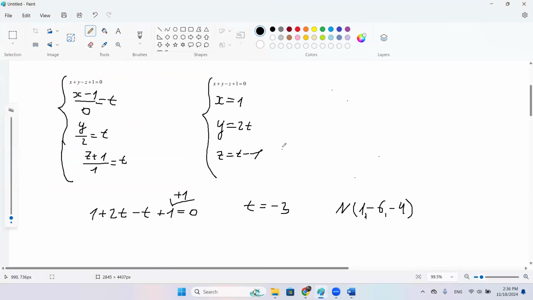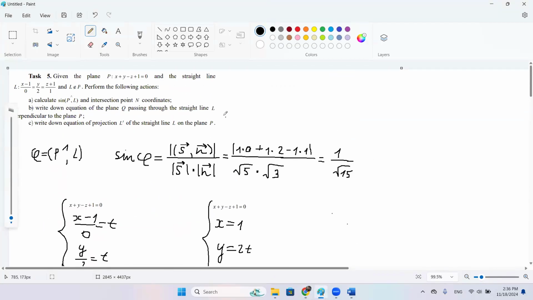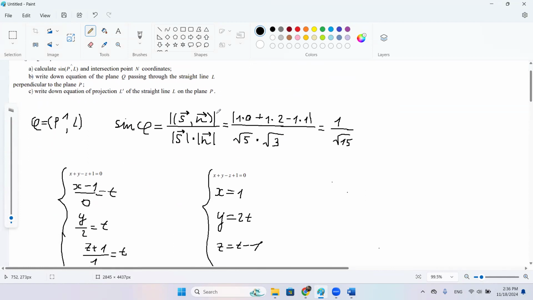Then we need to write down the equation of the plane Q passing through the straight line L perpendicular to the plane P. Okay, let me copy and paste it.